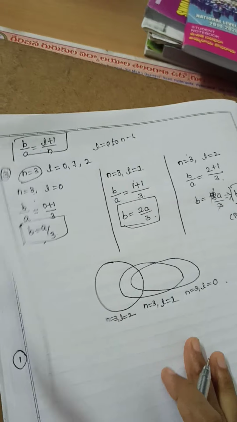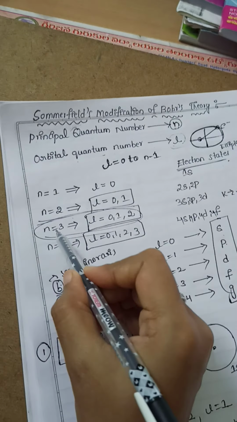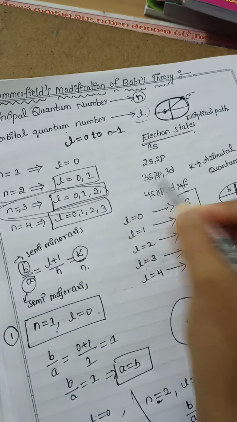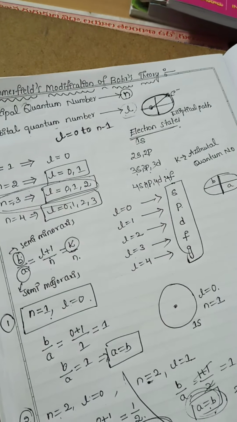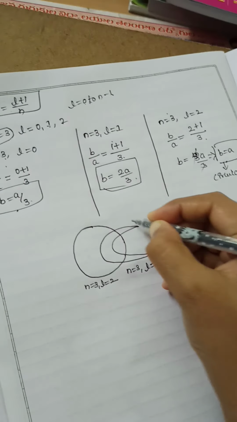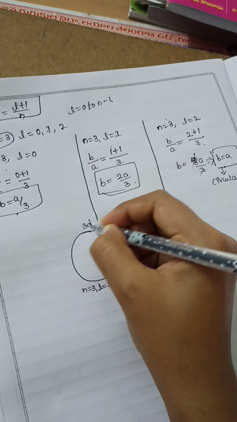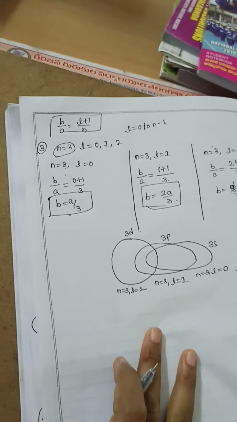Now take the orbits. First of all, n is equal to 3, l is equal to 0. What is the orbit? It is 3s, next 3p, next 3d. Like this, 3s, 3p, 3d. These are the orbits.